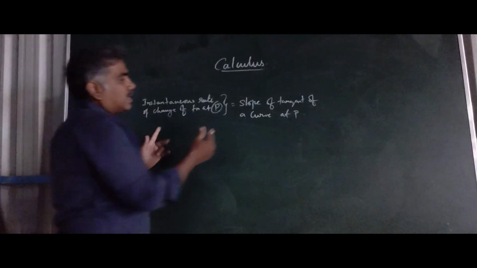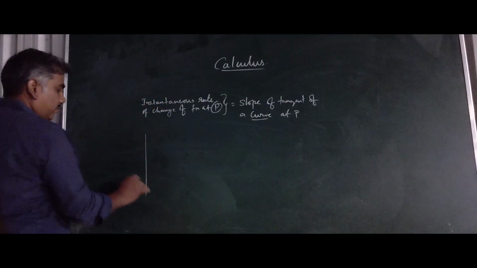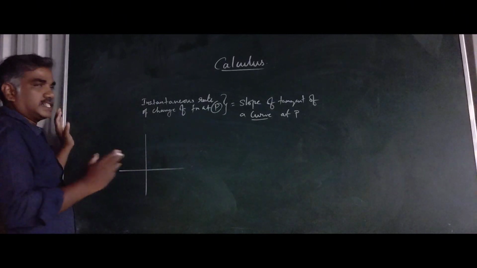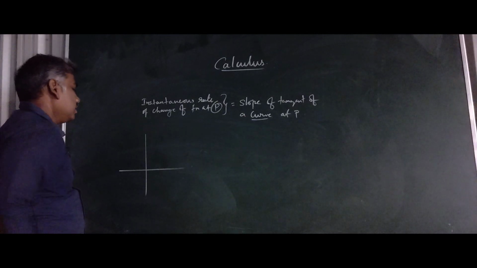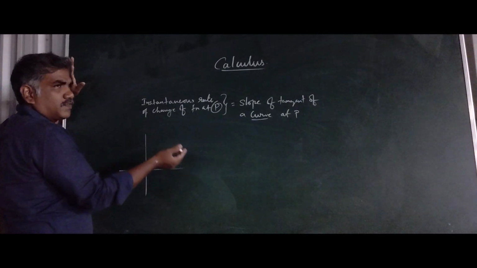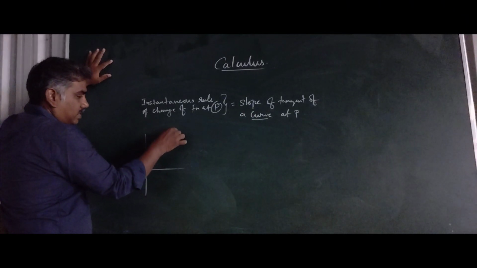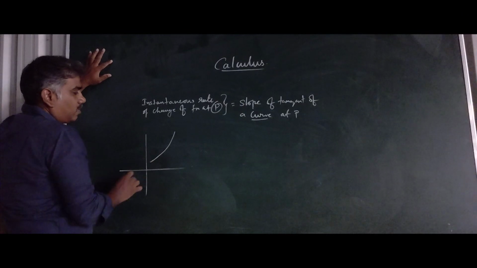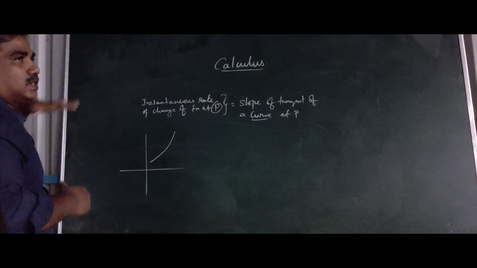Okay, why are we having a curve? Because for example, if you are taking a distance time graph, usually in initial classes we will have a straight line, but actually it is not a straight line, we may have a curved line. There will be an increase in velocity, decrease in velocity based on the situation.